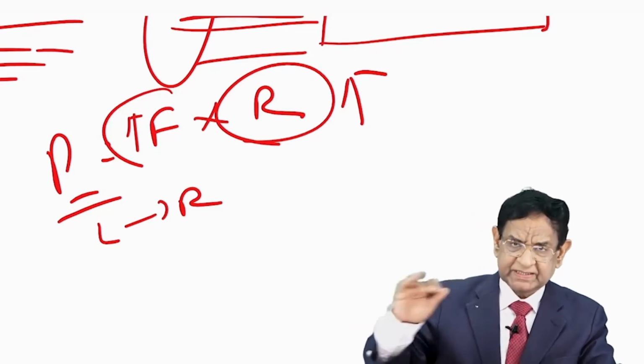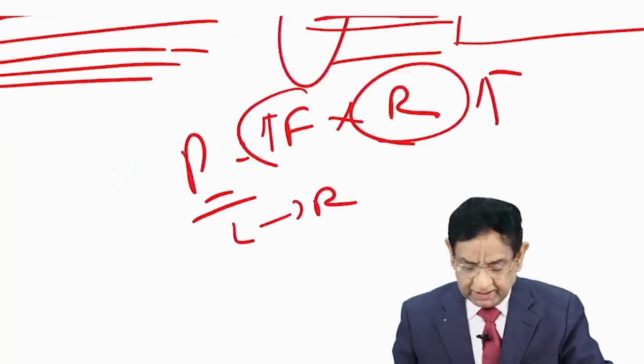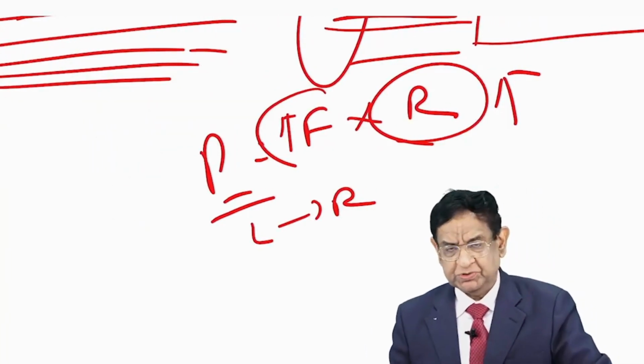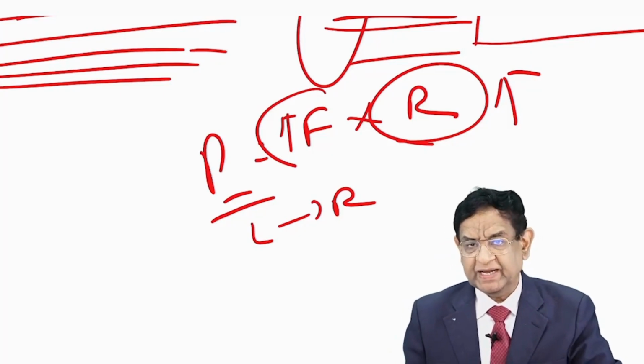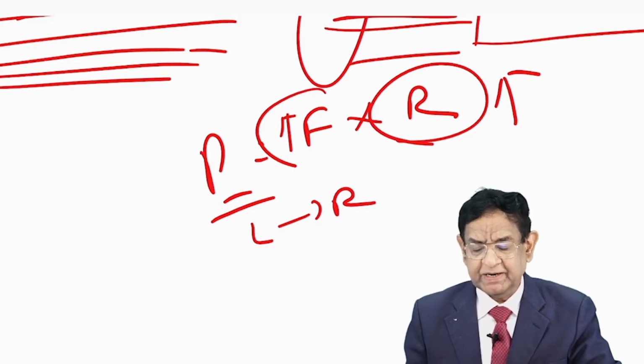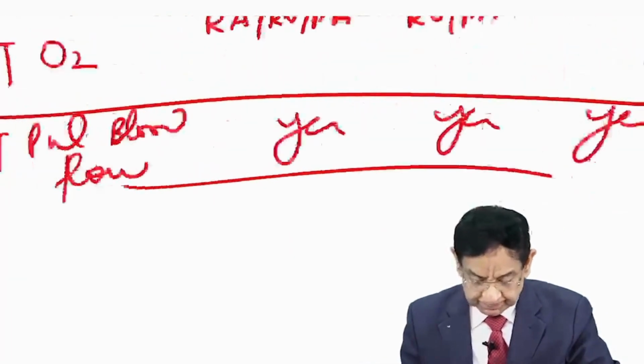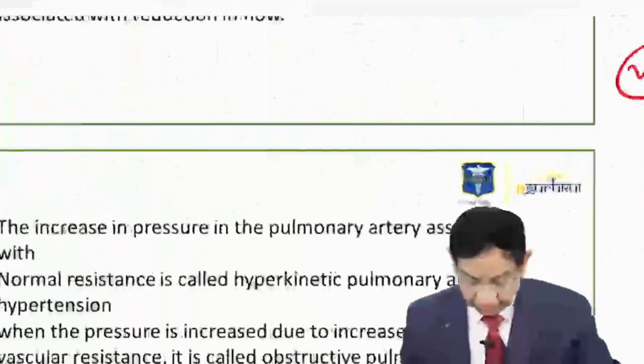But as of now, my focus is mainly on the left to right shunt. So you know, PAH will happen, but in the later stage, not very early. With this background, we move further.